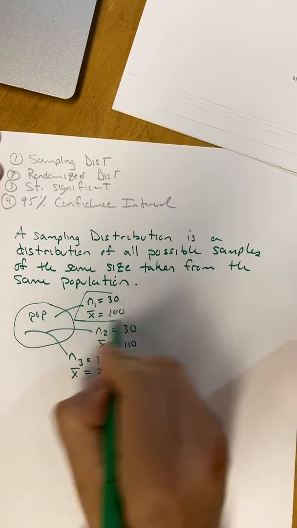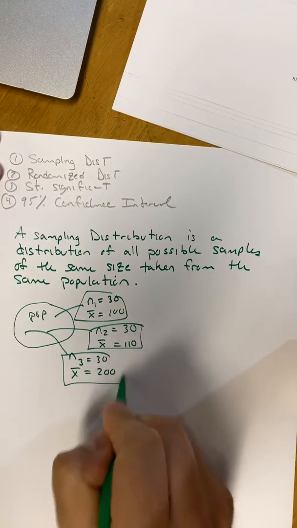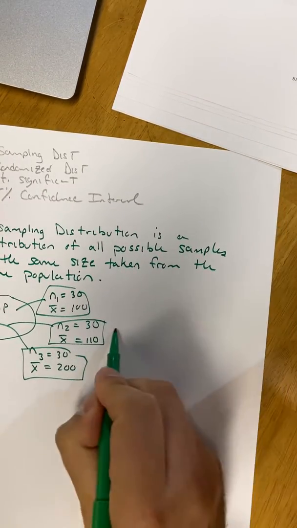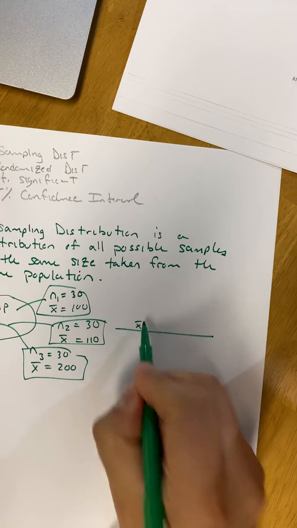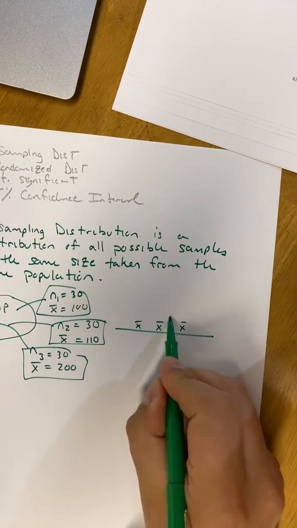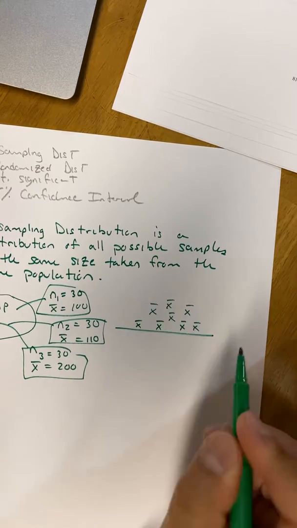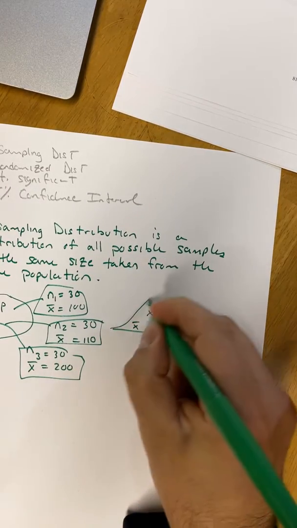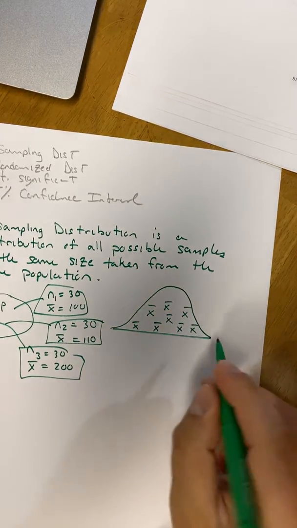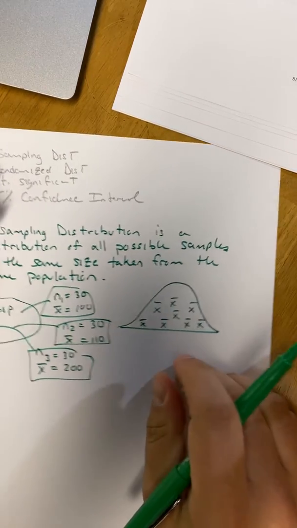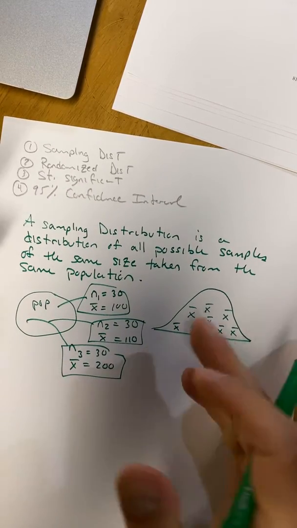Now, I do this an infinite amount of times. I plot all of these X bar values that I find on here. And what happens is, no matter how you do this, it turns out to be pretty close to a normal distribution, which happens by the central limit theorem.